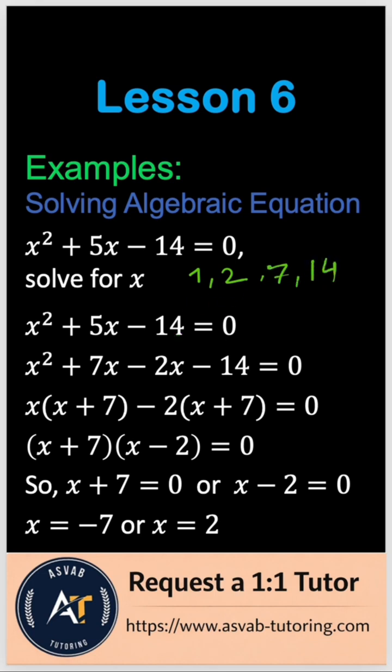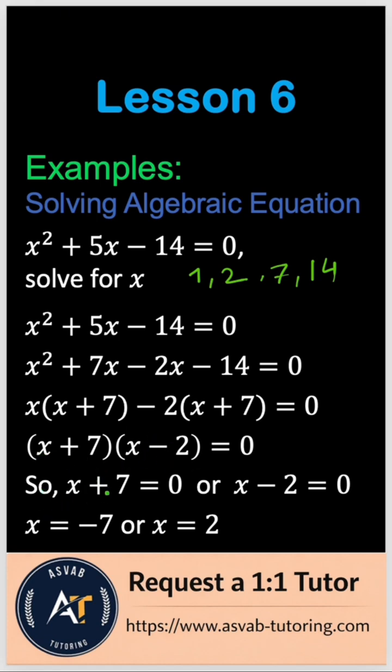Now, if we subtract 2 from 7, we will get 5, and 7 times 2 gives us 14. So we will write it as x squared plus 7x minus 2x minus 14. Then we can take x common. It will become x(x plus 7) minus 2(x plus 7). So we can write it as (x plus 7) times (x minus 2).